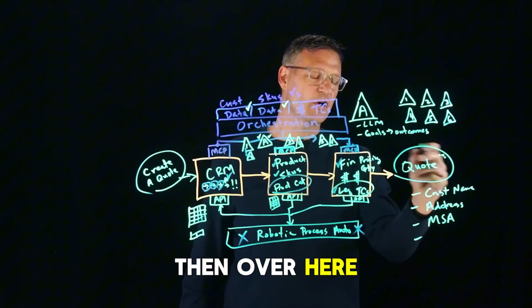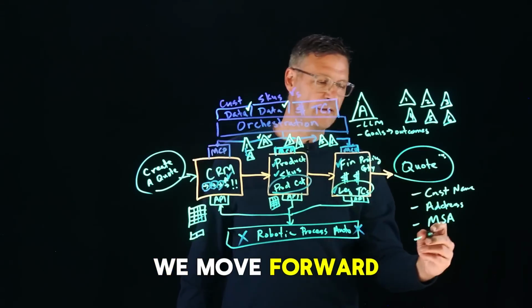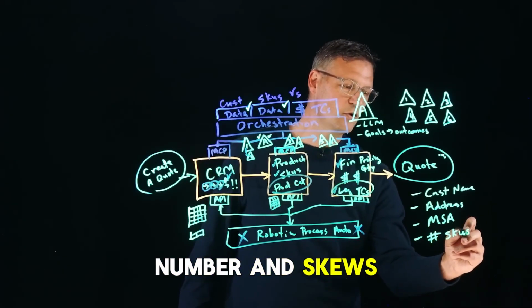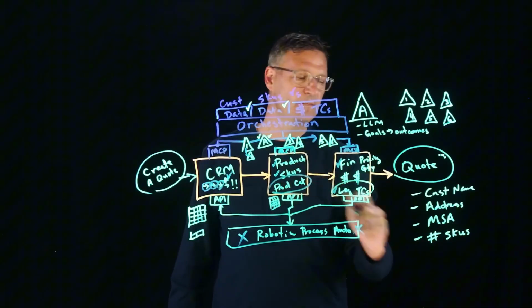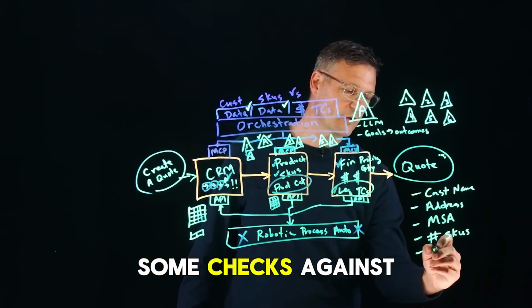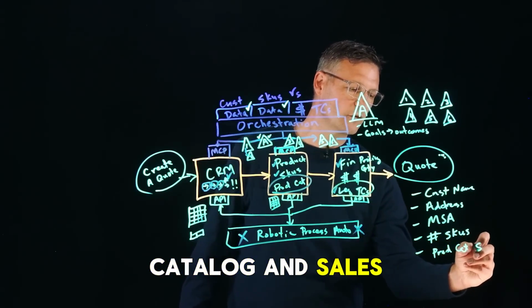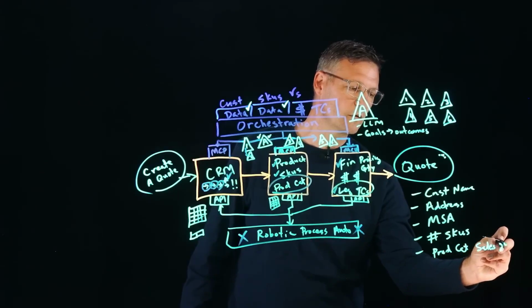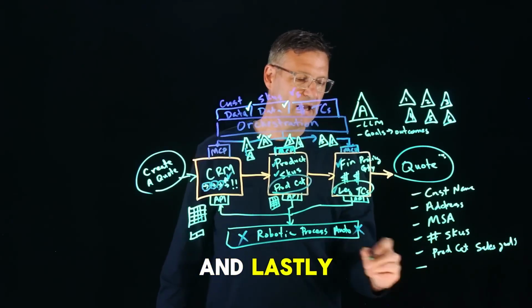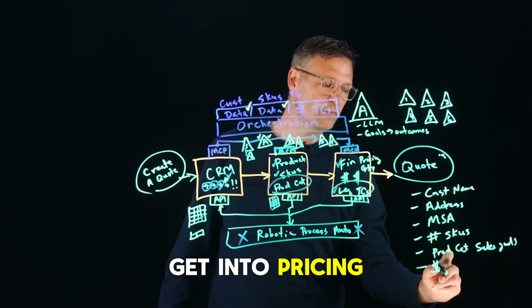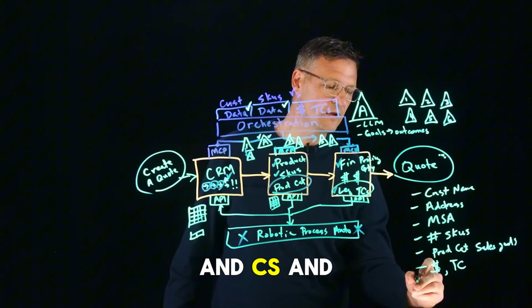Then over here in a quote, we start to have numbers and SKUs of what we think we need to ship. We've already done some checks against the product catalog and sales goals. And lastly, we get into pricing and legal T's and C's.